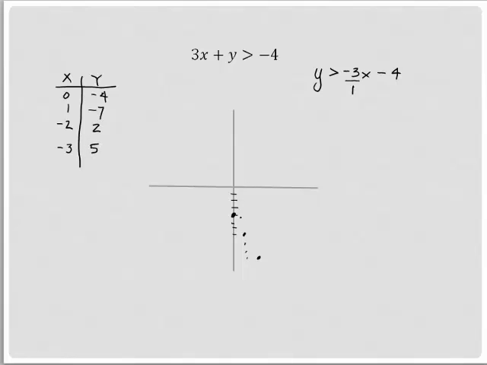Now, we've got this line. Now, before I draw this line incorrectly, I want you to notice that this is greater than, not greater than or equal to. Therefore, what I just said, we needed a dotted line. Okay, now this is going to be very interesting. I can do better coming down than I can going up, but you get the idea.